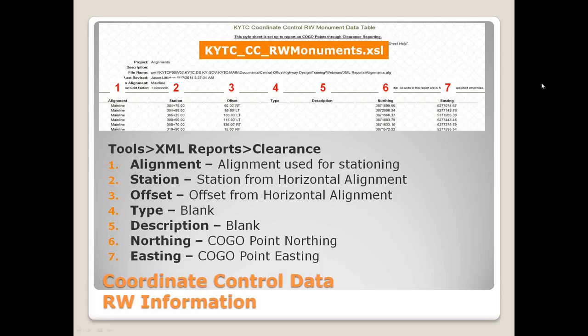The description column, whether it's a right-of-way monument or a witness marker, again, COGO at this point does not have that kind of ability to report that information. And then the northing and easting are coming directly from the COGO point itself.